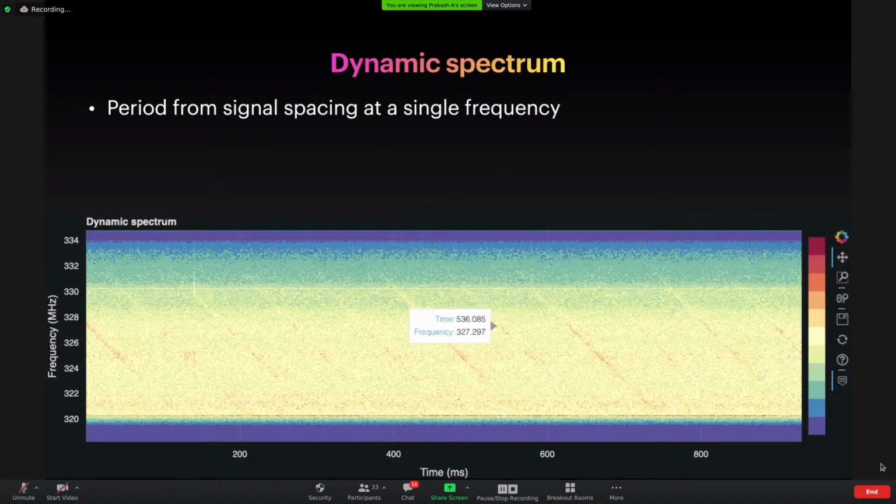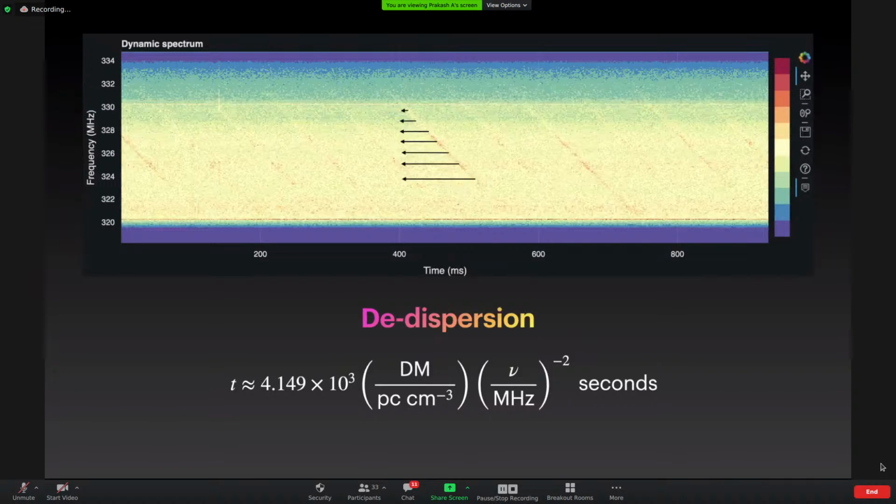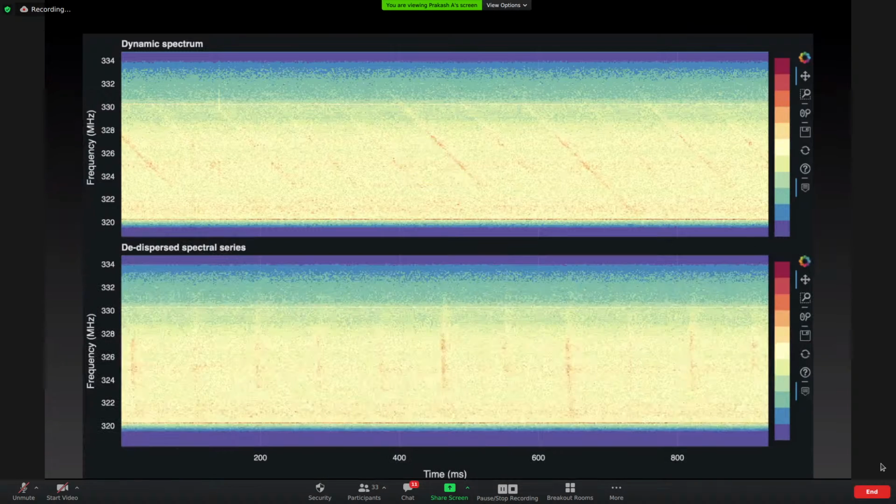So you get the approximate DM. The DM remains the same across the frequencies. So then you use that approximate DM to calculate by what amount these individual time series, that is time series at different frequency bins, need to be advanced so that you get this de-dispersed signal.